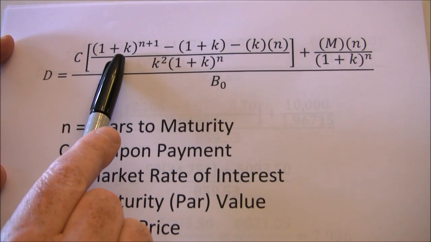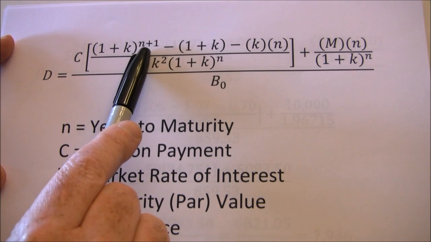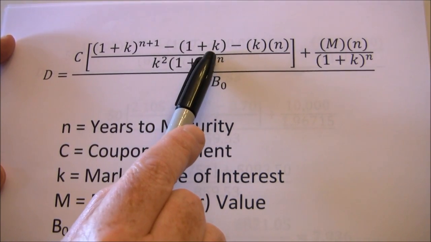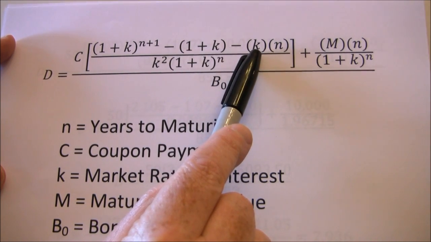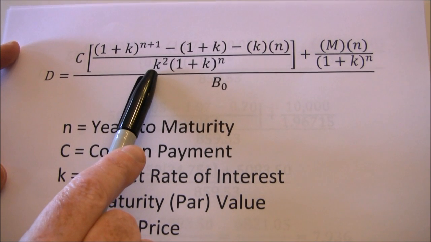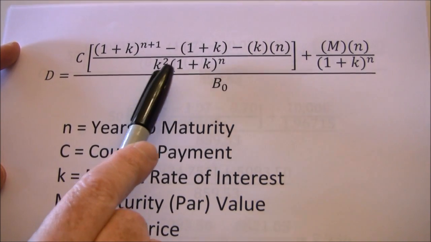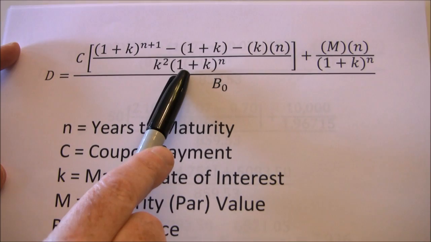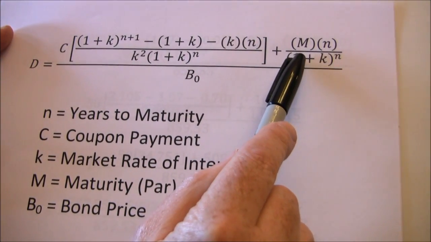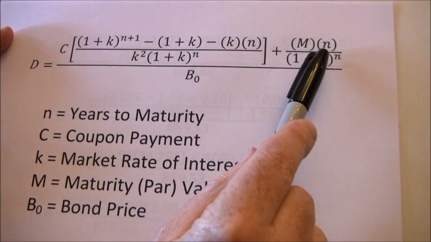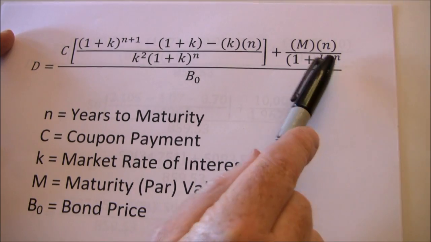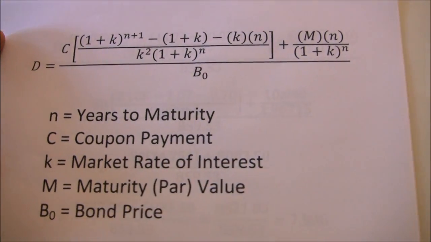So 1 plus the market rate of interest raised to the n plus 1 power minus 1 plus the market rate of interest minus the market rate of interest times the number of years to maturity divided by market rate of interest squared times 1 plus the market rate of interest to the nth power. Add in the maturity value, the $1,000, times the number of years to maturity, 1 plus k to the nth power, divide all that by the bond price.